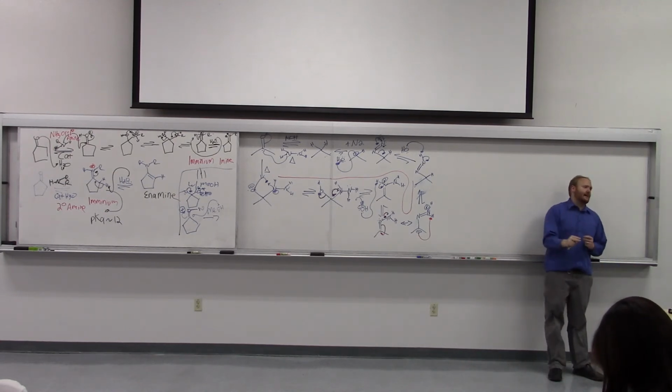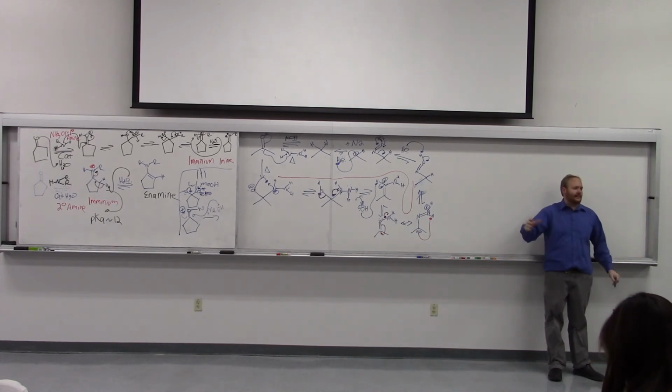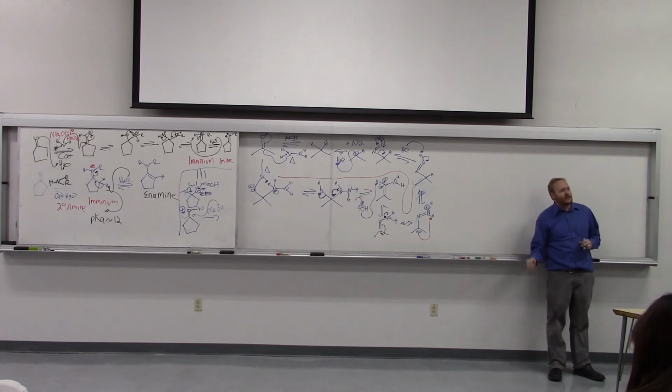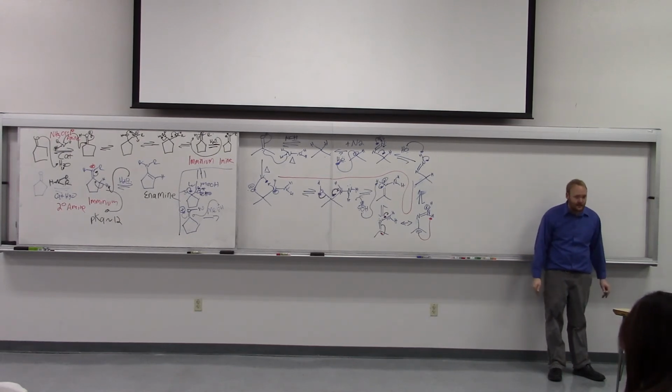Then we talked about acetals, so adding water or methanol into a carbonyl to give us our acetal or ketal. Those things are stable under the right conditions, but also unstable under other conditions. But by and large, we can think of them as fairly stable organic molecules.